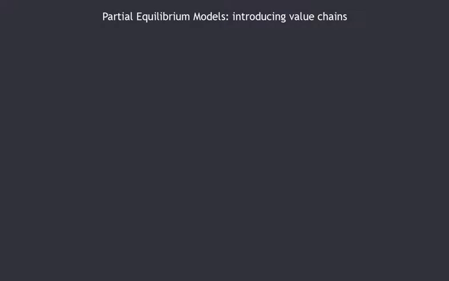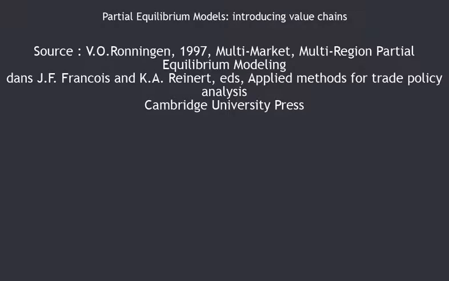This model is inspired by a model from Groningen, in the chapter entitled Multi-Market, Multi-Region Partial Equilibrium Modeling, in a collective book edited by Joseph Francois and Reinhardt, entitled Applied Methods for Trade Policy Analysis.